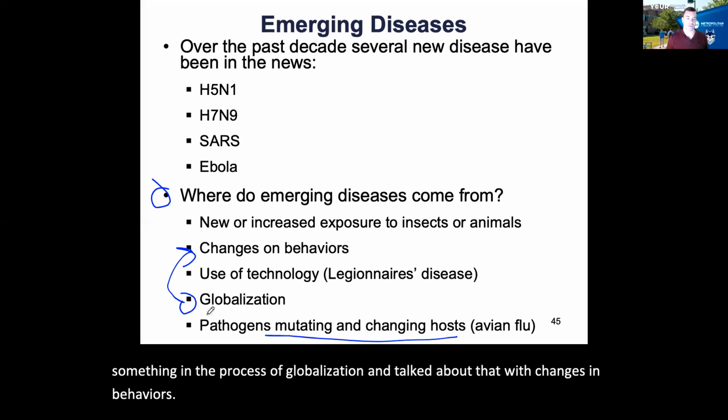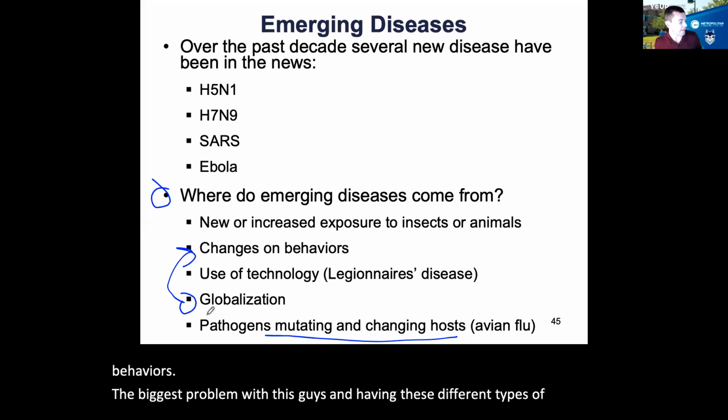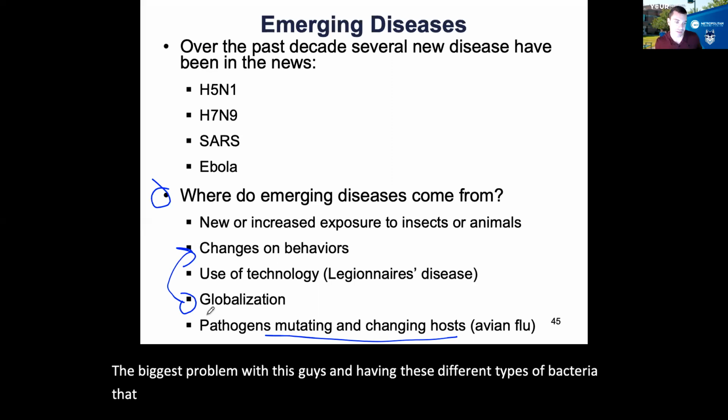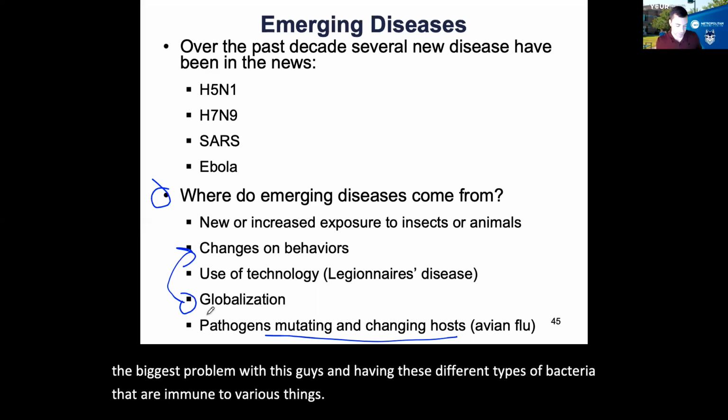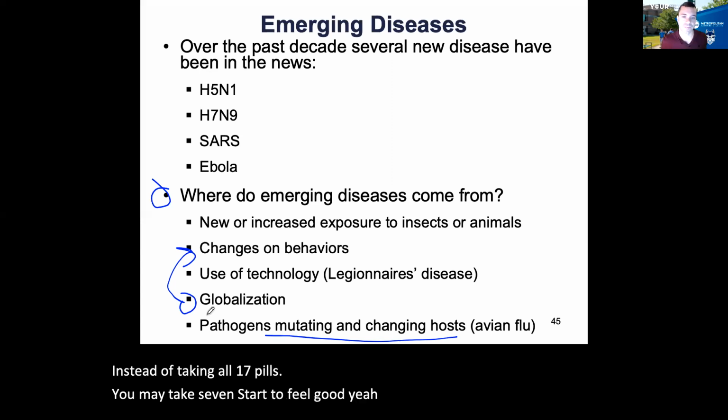Mutating. The biggest problem with this, guys, and having these different types of bacteria that are immune to various things, is not utilizing medications properly. Instead of taking all 17 pills, you may take 7, start to feel good, and think, okay, I don't need to take them.